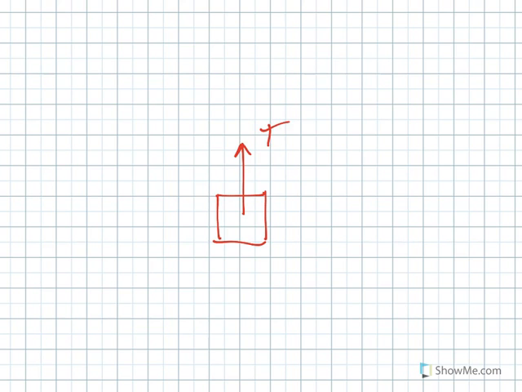So let's say that T is 30 newtons. Good. And now the weight of this thing is still here. The mass is still 2 kilograms. So we're still looking for acceleration.